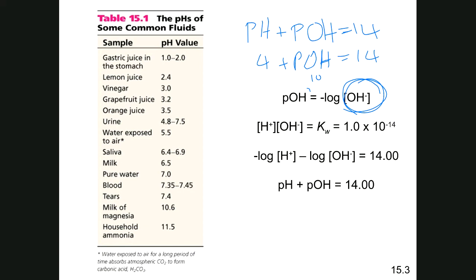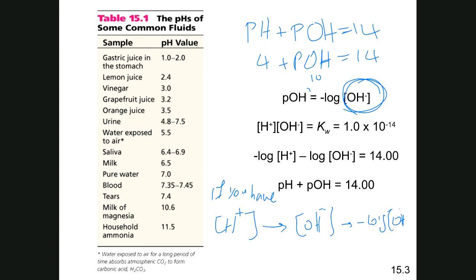If you have concentration of H plus, you can find concentration of hydroxide ion, and then take the negative log of concentration of hydroxide ion to get the pOH.